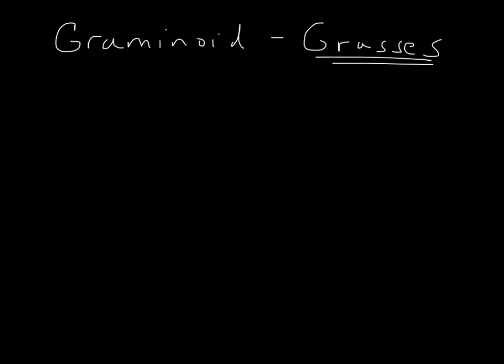Graminoids are just another name for grasses, the family of grasses that we're all familiar with. And so anything that's a grass that has a general shape, like this, sometimes there'll be some other little flower-like things coming off of it, but mostly it will grow from the bottom and have no big showy flower.